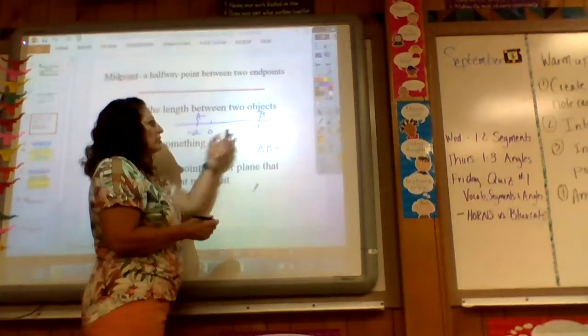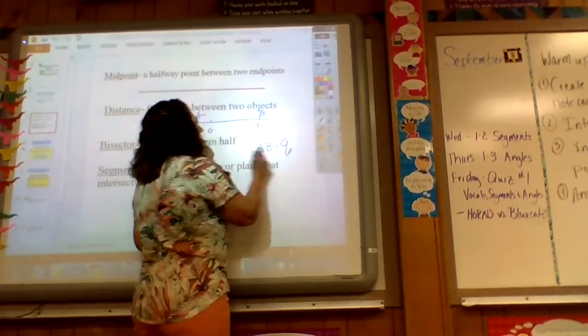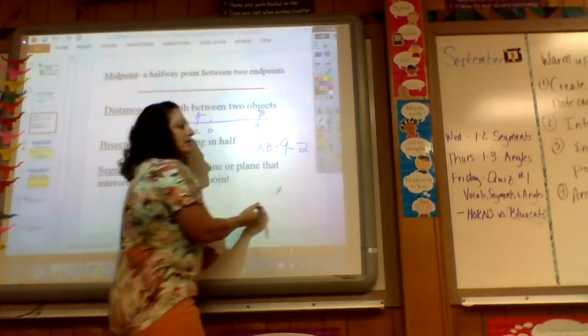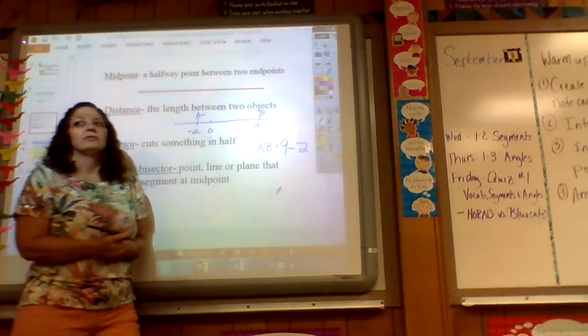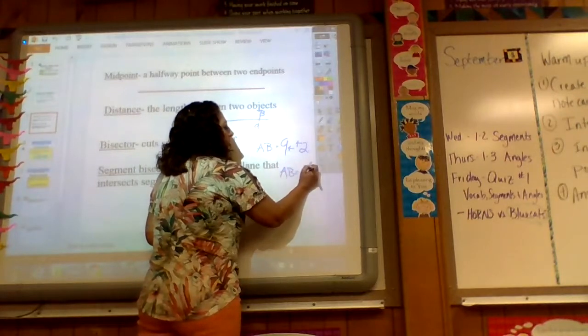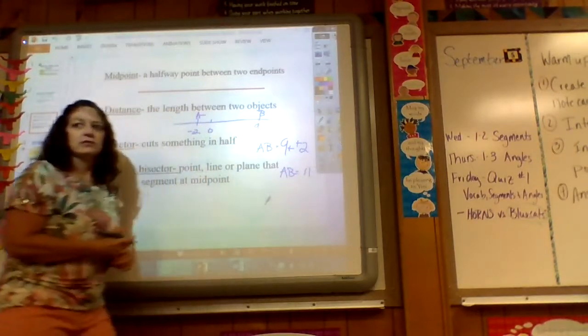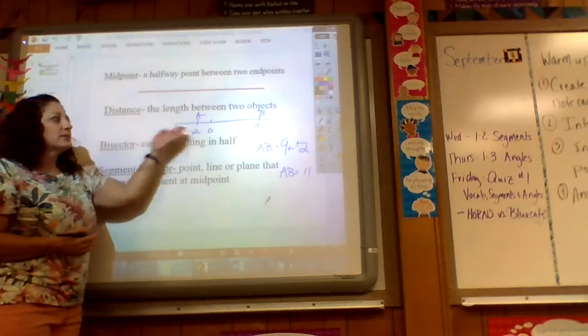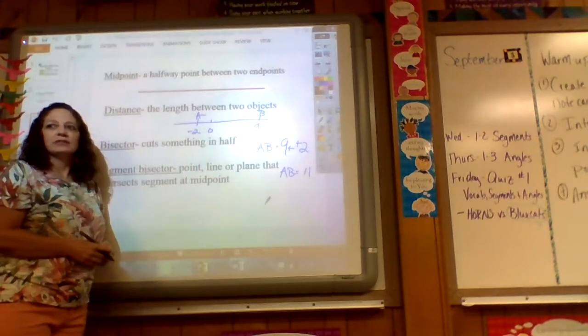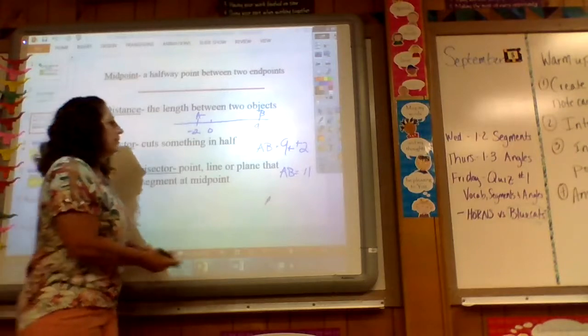So I would take my largest number of 9, my smallest number of -2, and I would subtract -2. And subtracting a negative is like adding. So my distance AB is 11. So that's number line. We get into two-dimensional distances later, but today it's all about one-dimensional.